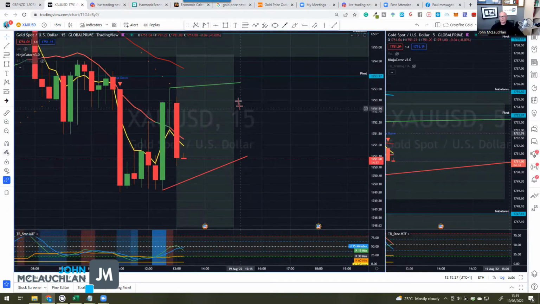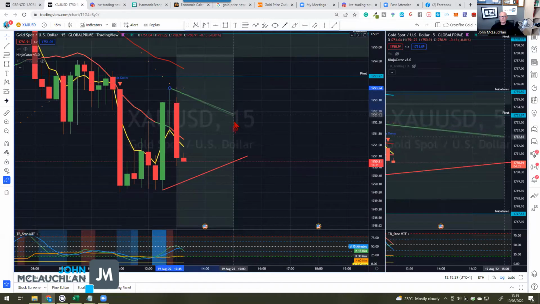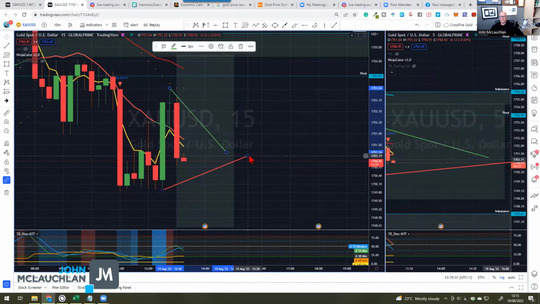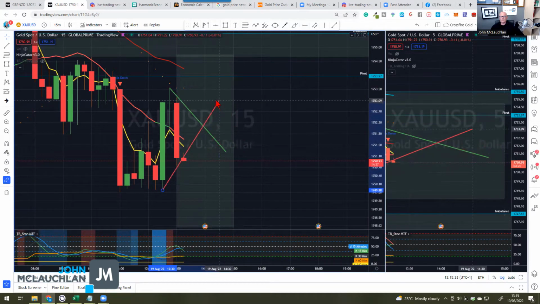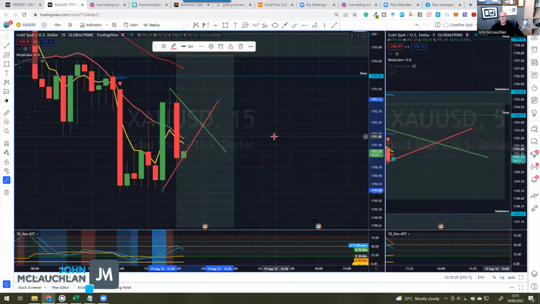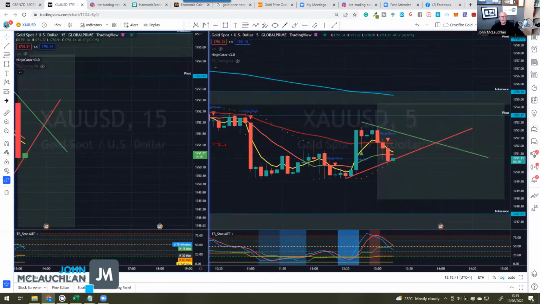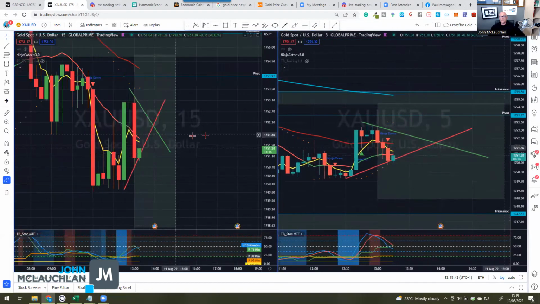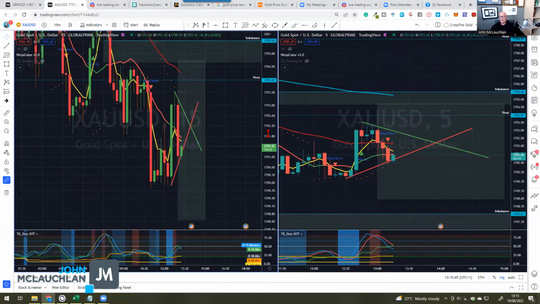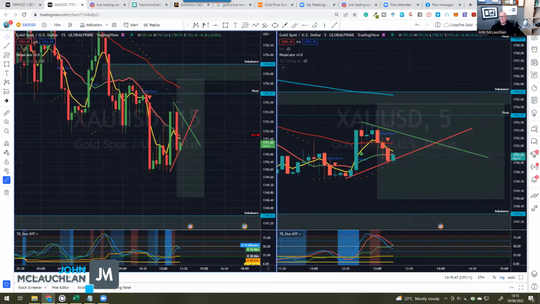Okay, I'll turn the magnet tool off. Okay, so that's on the 15-minute. I'll leave the 15-minute on so we can see it. And now we're going to move over to the 5.